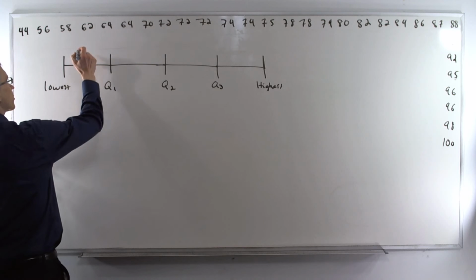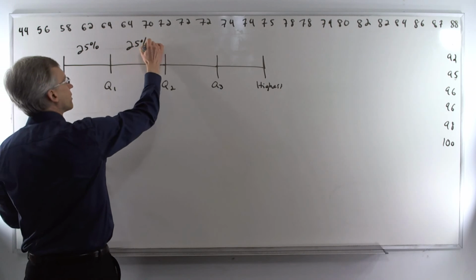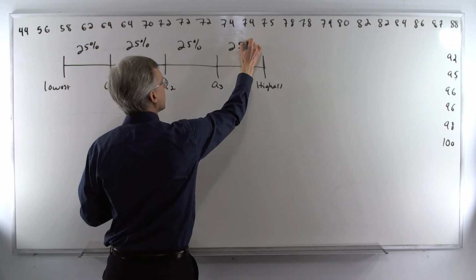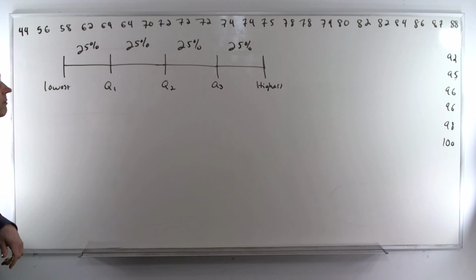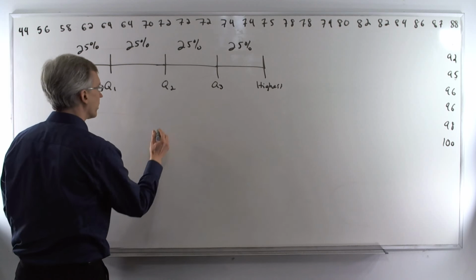So we got 4 quarters. Here's 25% of the data values, another 25%, each one of these 25%. And so these special percentiles are called quartiles, for like quarter, breaking things up into 4. So here's the first quartile, second quartile, third quartile.